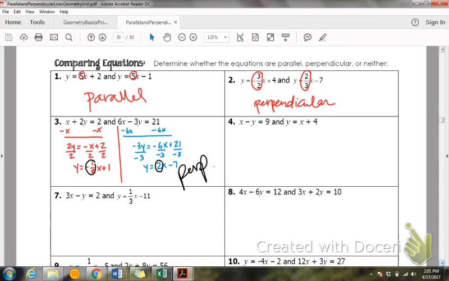All right, let's look at number 4. Okay, so if we change number 4 to be into y equals mx plus b form as well, we're going to subtract x from each side. Remember, we need to get y by itself by dividing by the negative 1.